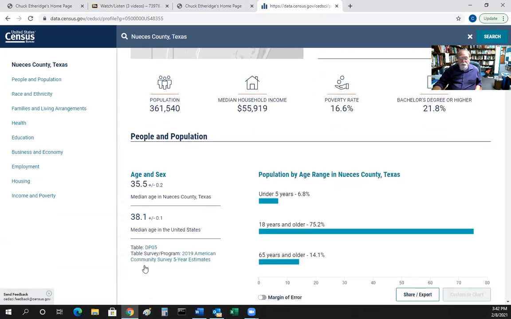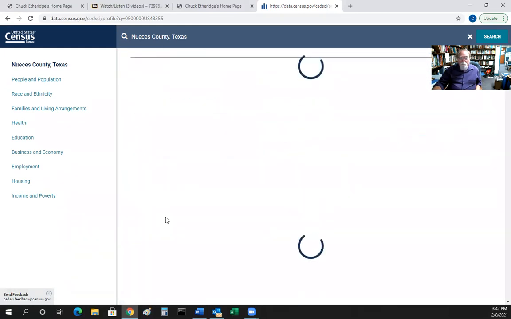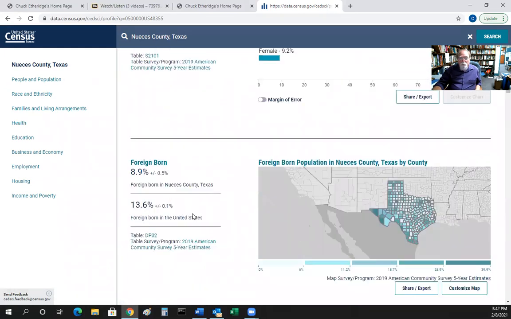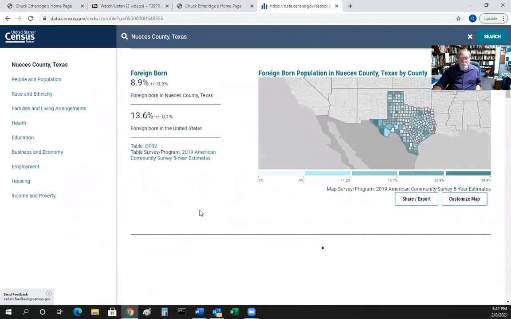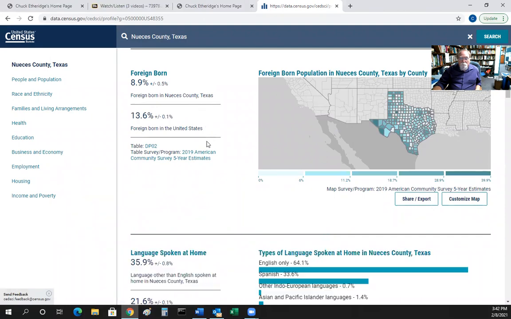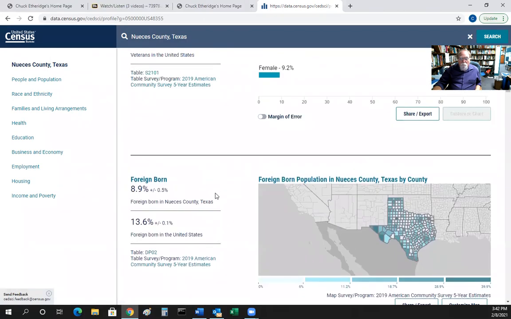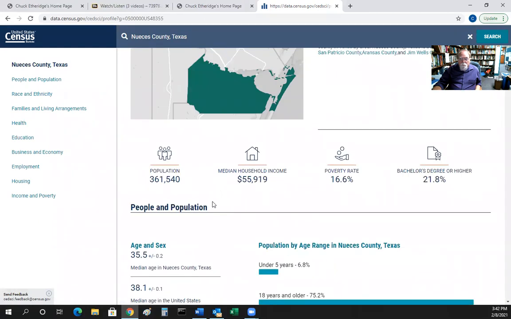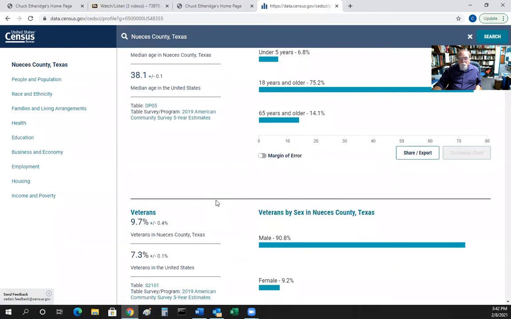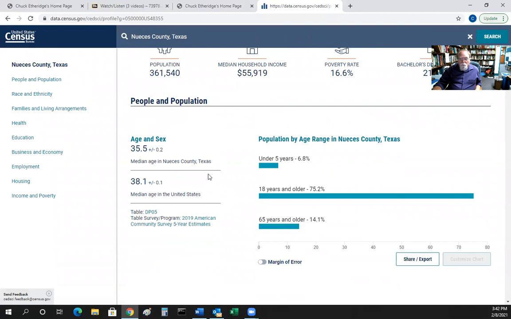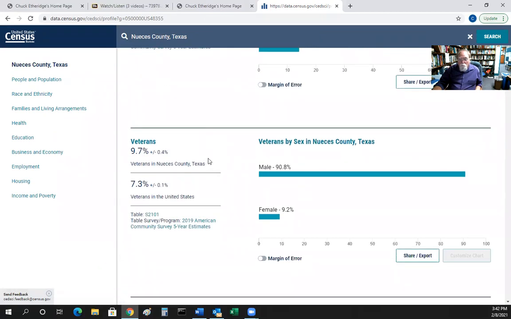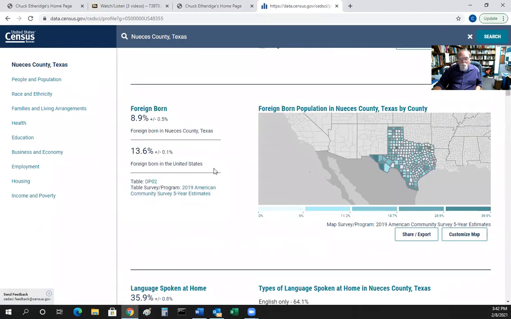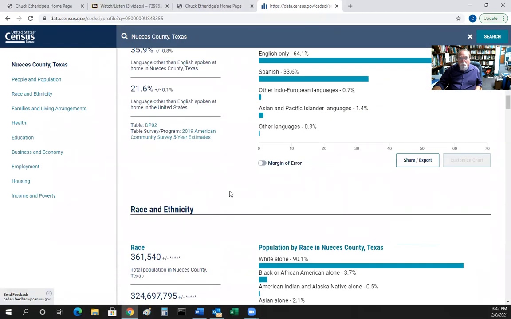Lower educational attainment, and let's look at percentage of people without health. It's just interestingly enough, very few people compared to other places that are foreign born, and you notice that this gives comparisons to the U.S. as well. So people are younger here than the median in the United States, more veterans here, fewer foreign born people.